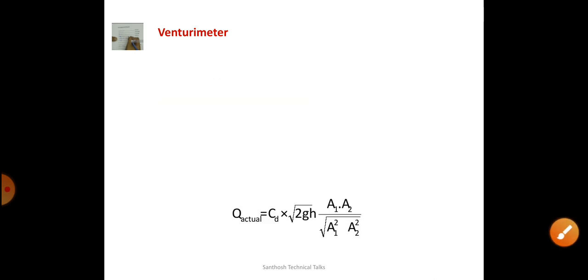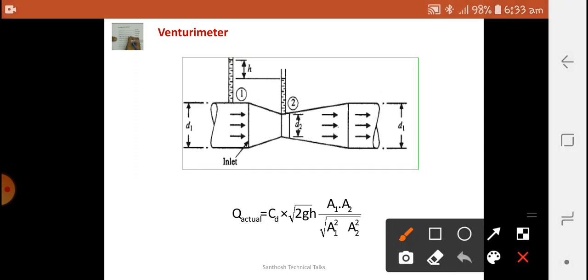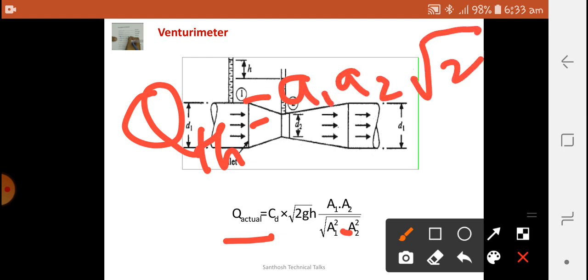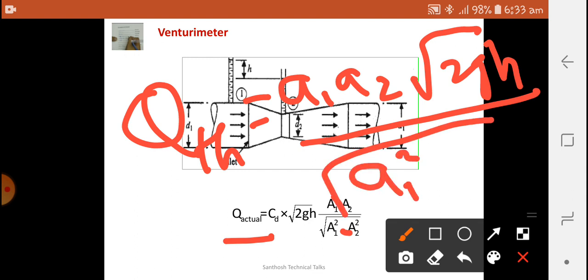In order to find the discharge, the actual discharge formula is Q actual equals Cd into square root of 2gh into A1 A2 divided by square root of A1² minus A2². We know that the theoretical discharge is equal to A1 A2 root of 2gh divided by square root of A1² minus A2².